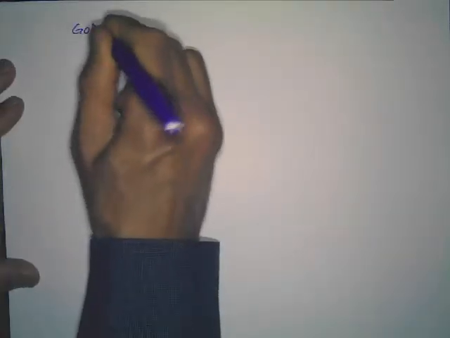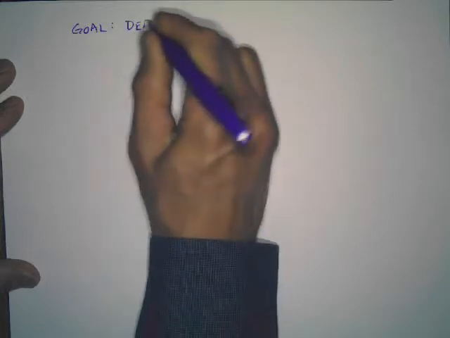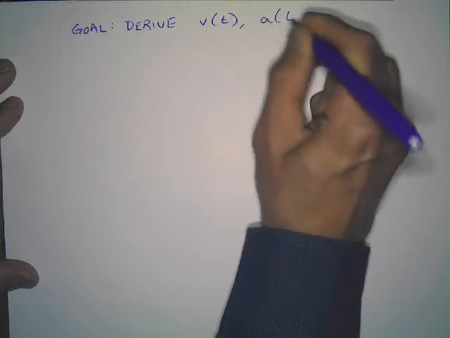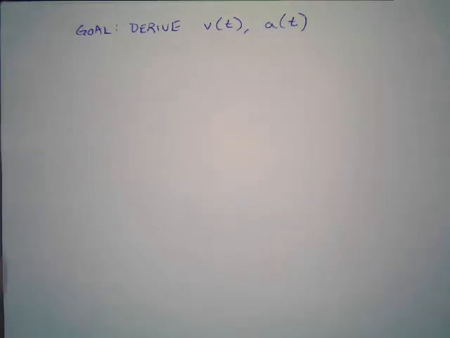All right, so our goal is going to be to derive the velocity as a function of time and the acceleration as a function of time for an object that's falling through air.